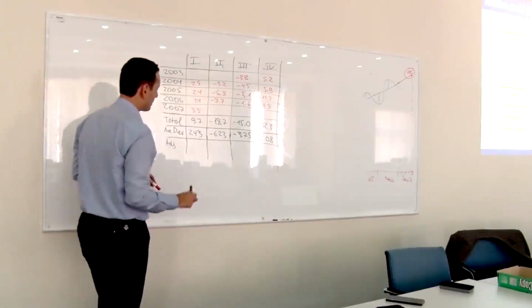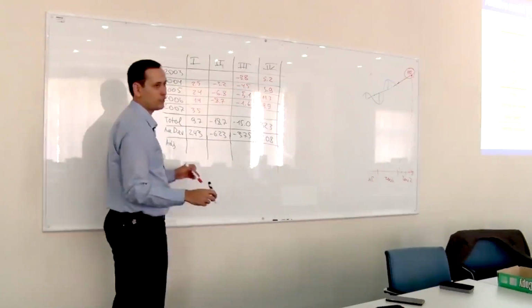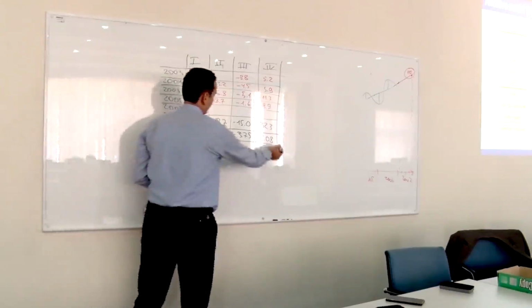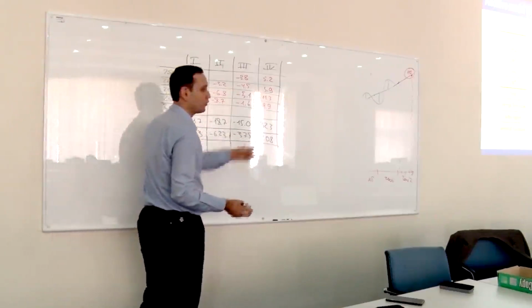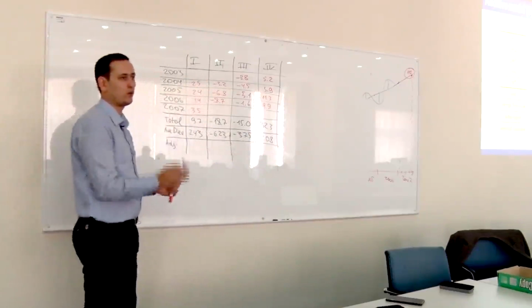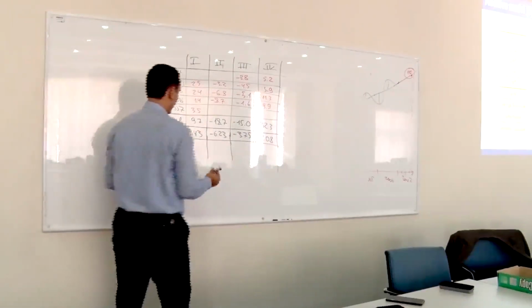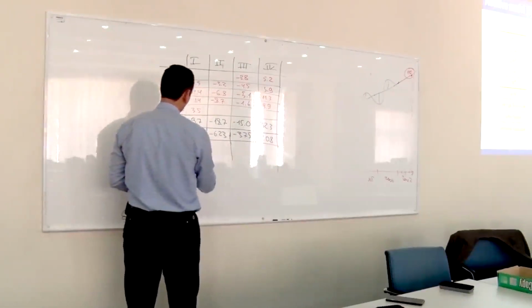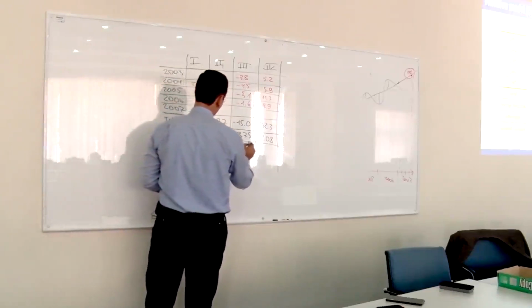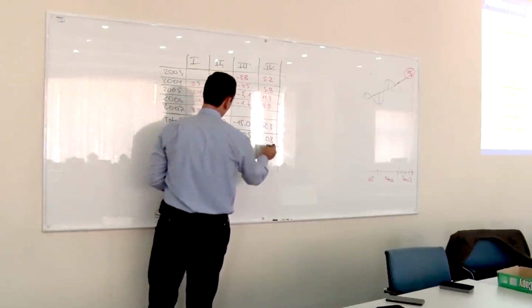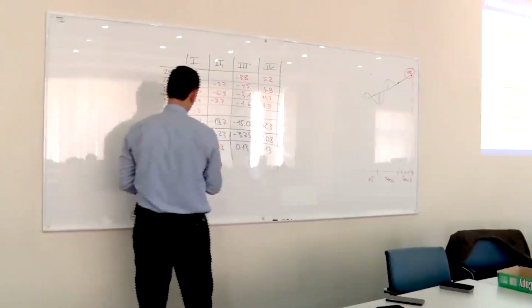Then you have the adjustment. Adjustment means you take the average of these 4 averages. You add them up and divide by 4, and the adjustment should be the same number for all: 0.13, 0.13, 0.13, and 0.13.